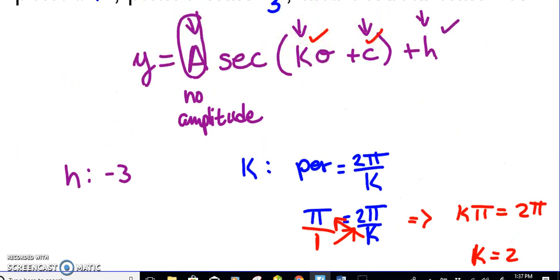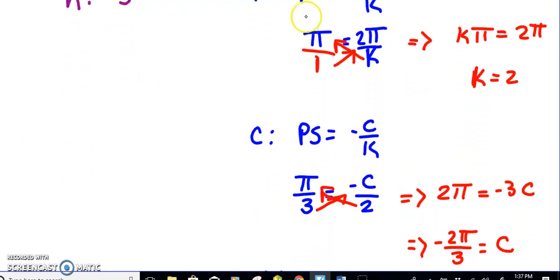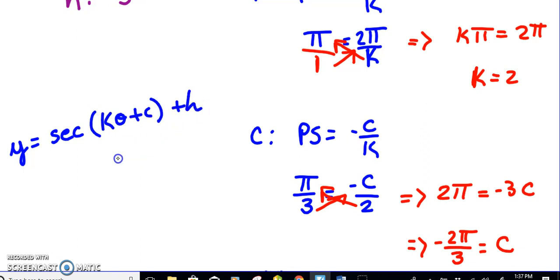Now we put it into the equation of the secant graph that has a period of pi, a phase shift of pi over 3, and a vertical shift of negative 3. The form is K theta plus C plus H, and there's no amplitude.